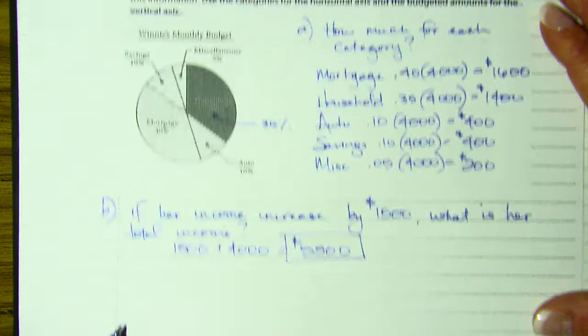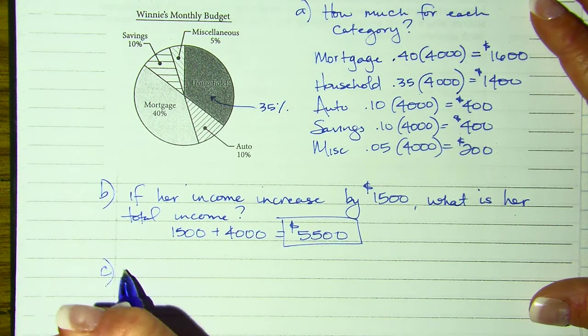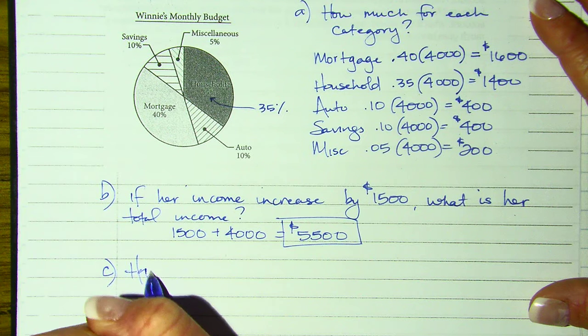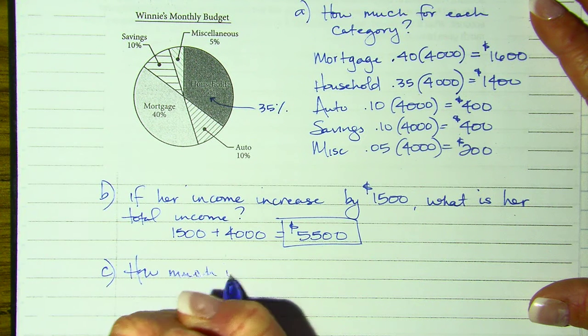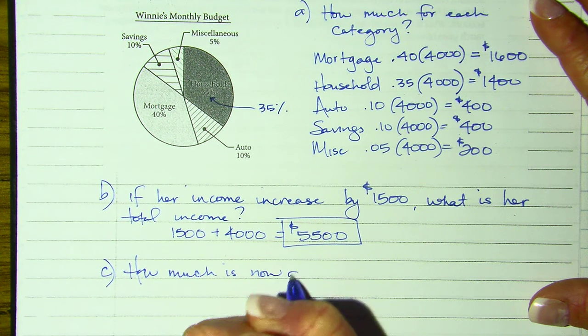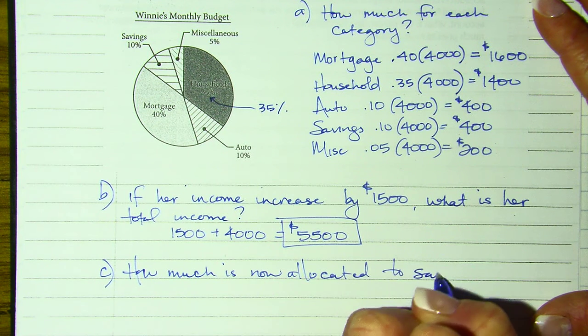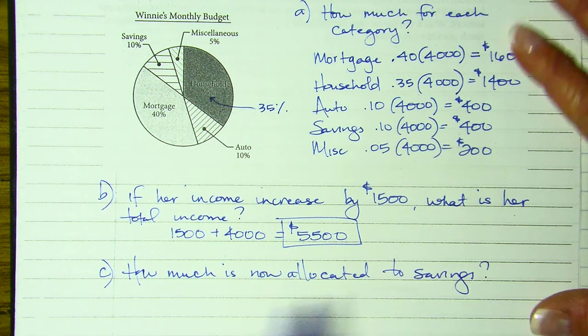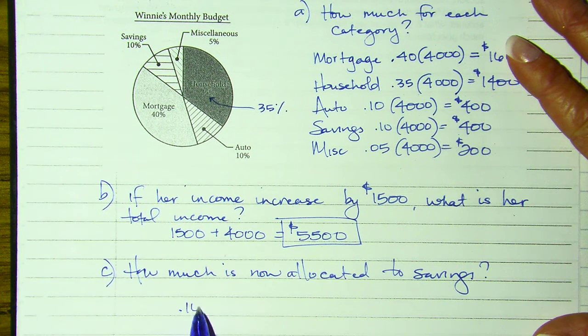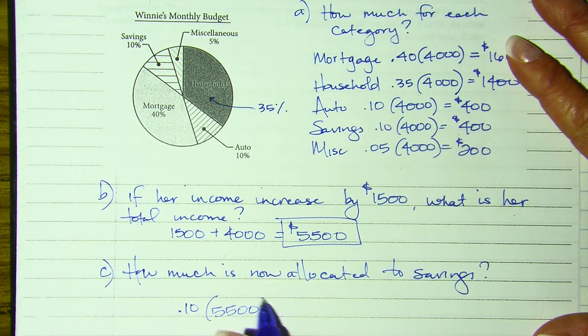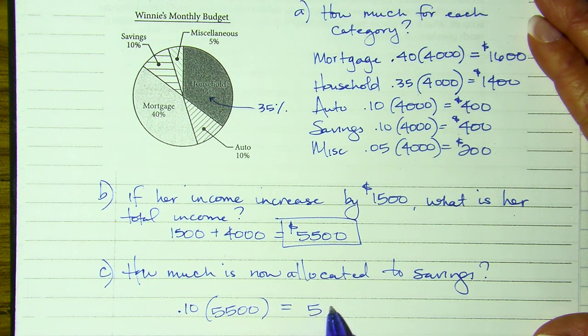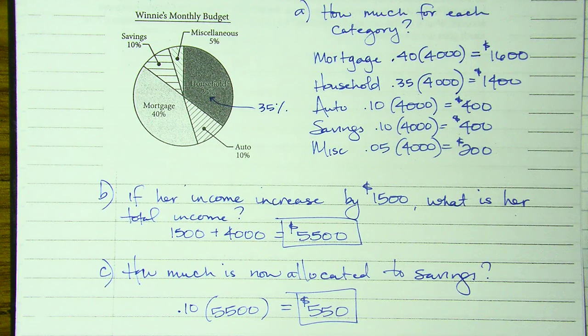So that's her new total income. So C, how much is now allocated to savings? Well, it's still 10%, but now it's 10% of her new income, which is 5,500. So 10% of that is $550. So she's now saving more money because she's making more money.